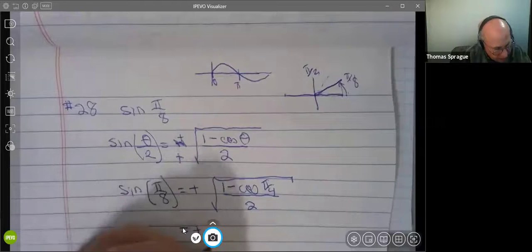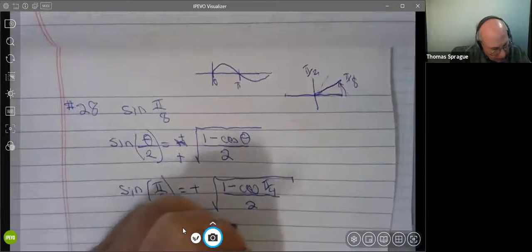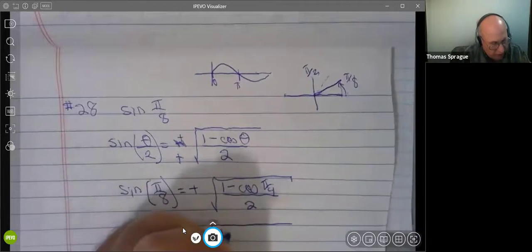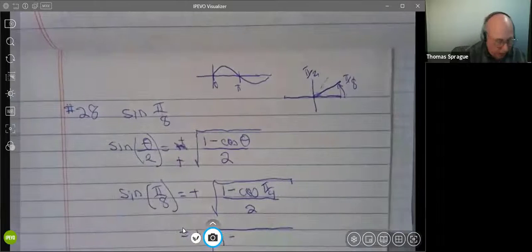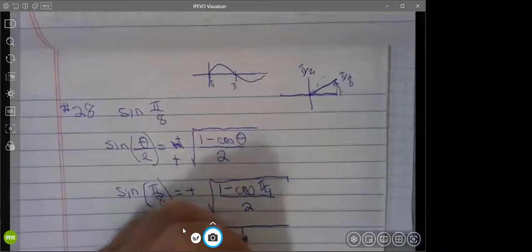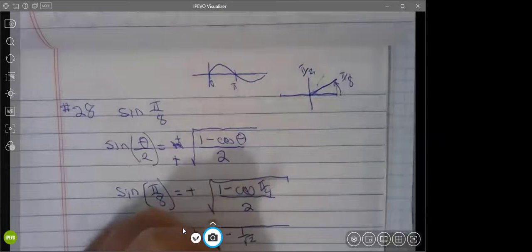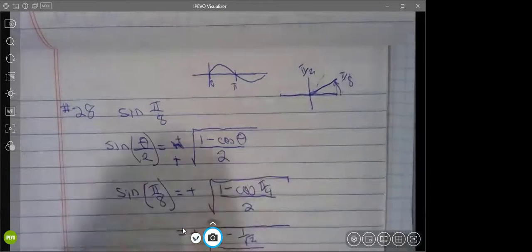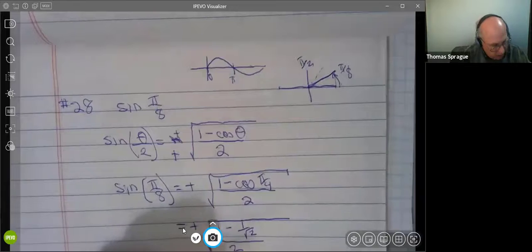And the cosine of pi over 4 and the sine of pi over 4, for that matter, are the same. They're 1 over root 2. So we just got some algebra to do here.